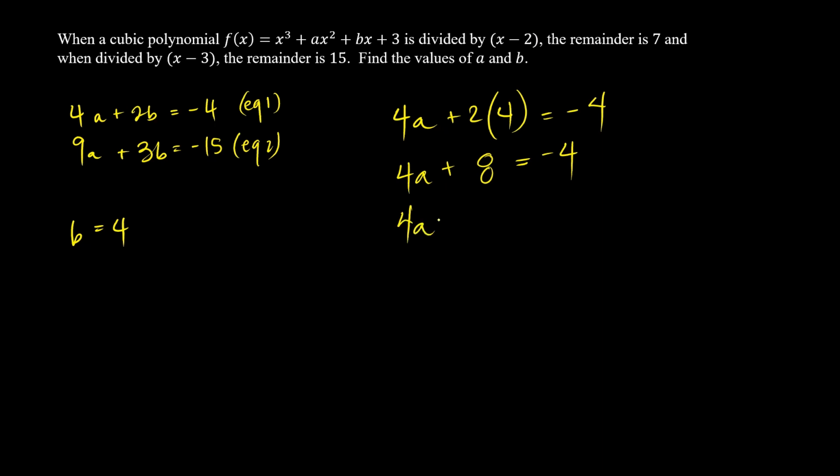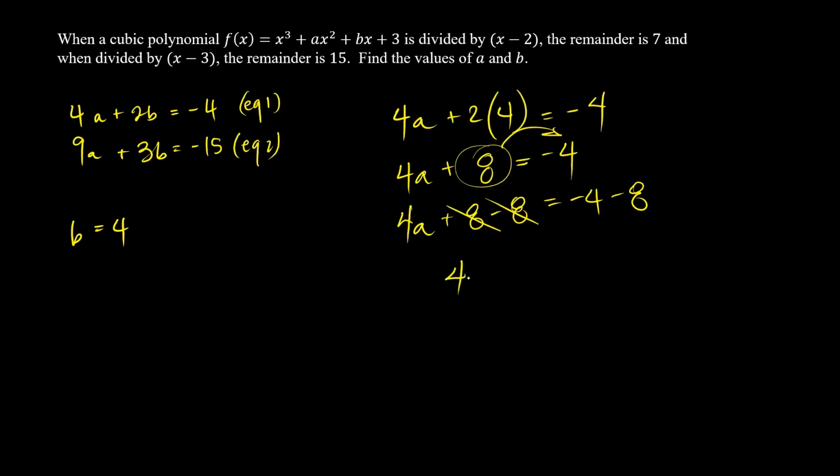Then 4a plus 8 minus 8 is equal to negative 4 minus 8. Because we wanted to get this 8 over here, we need to take it away from this side so it cancels out to 0. And remember, in order to keep an equation equal, you need to do the same thing on the other side.